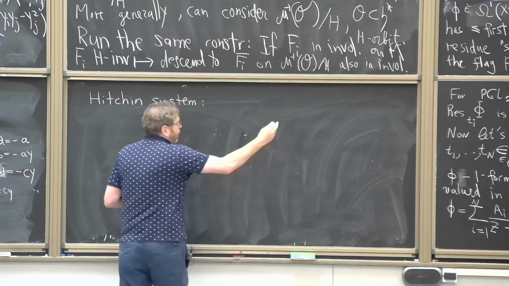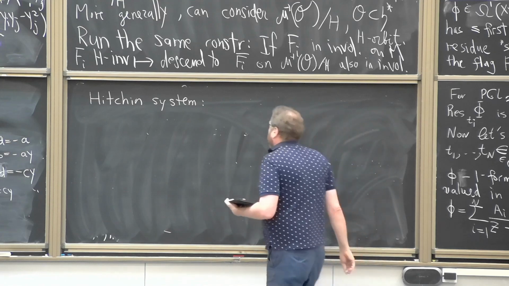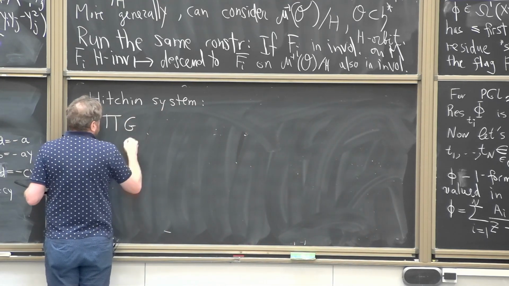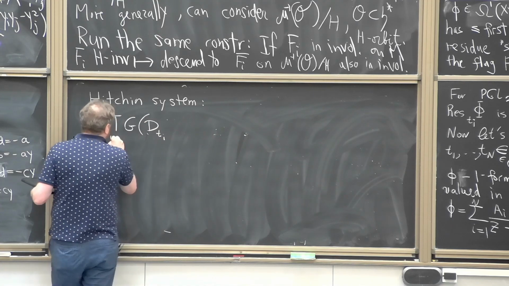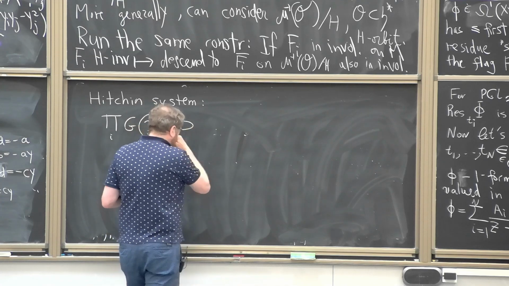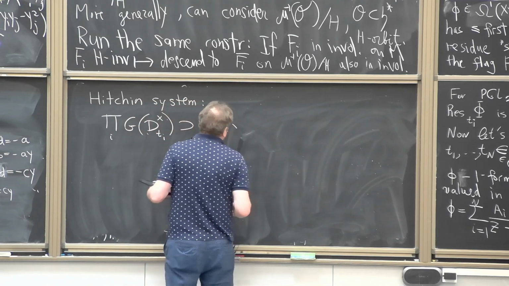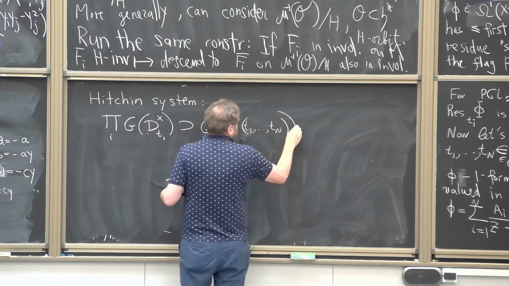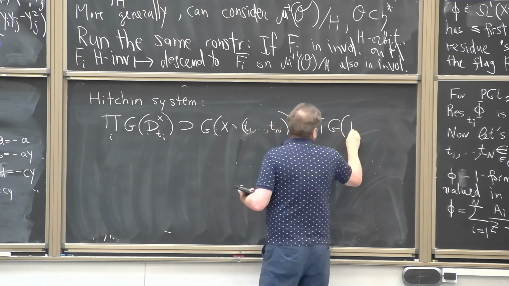For example, in this situation, we have the product of G of punctured disks dt_i, and inside here we have g of x minus t_1 through t_n times the product of g of dt_i.